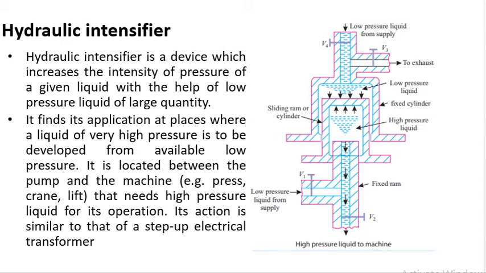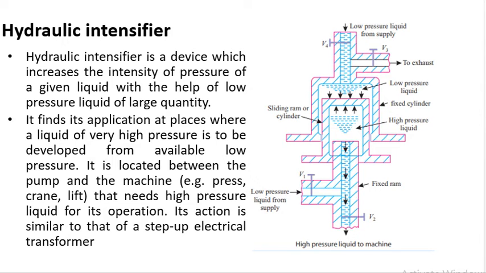The valves V1 and V3 are then closed and the valves V2 and V4 are opened. The low pressure liquid then enters the fixed cylinder from here and forces the sliding cylinder to move downward. Pressure of liquid is raised and the high pressure liquid is supplied to the driven machine.